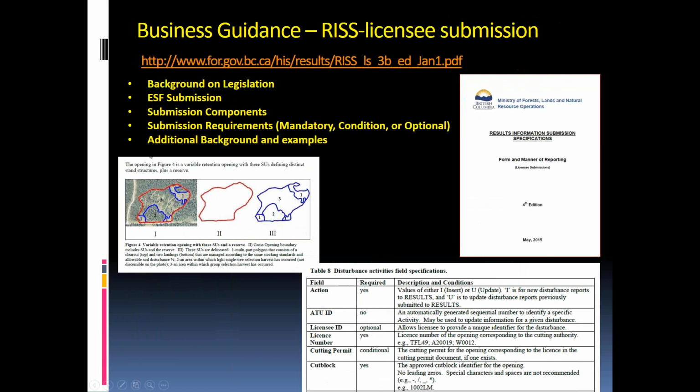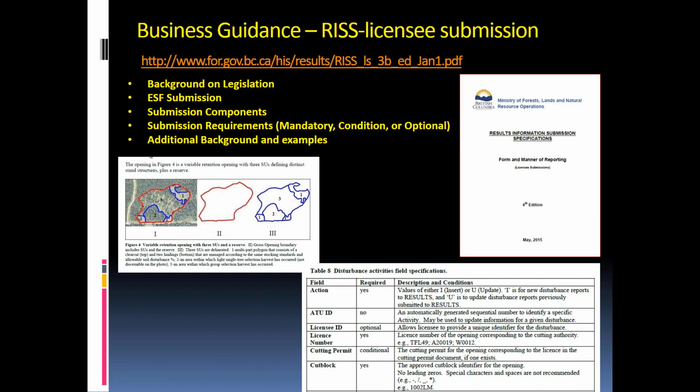And in the document itself, there are some examples that will help you visualize how to break down some of the spatial map work that needs to be provided, because there's the requirement for providing silviculture prescription or site plan maps. Or also you need to provide forest cover maps. So when we're dealing with different silvicultural systems where there's retention or reserves, there are some examples of that, but then drilling into that tree retention document, it gets to more illustrative examples that are more applied.